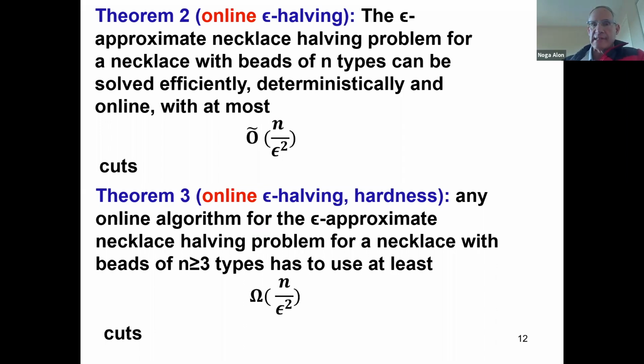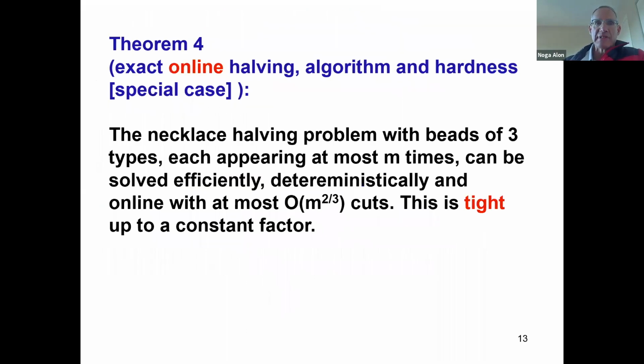And this is essentially tight for every n which is at least 3, up to the logarithmic term. So online you really need n over epsilon squared cuts.